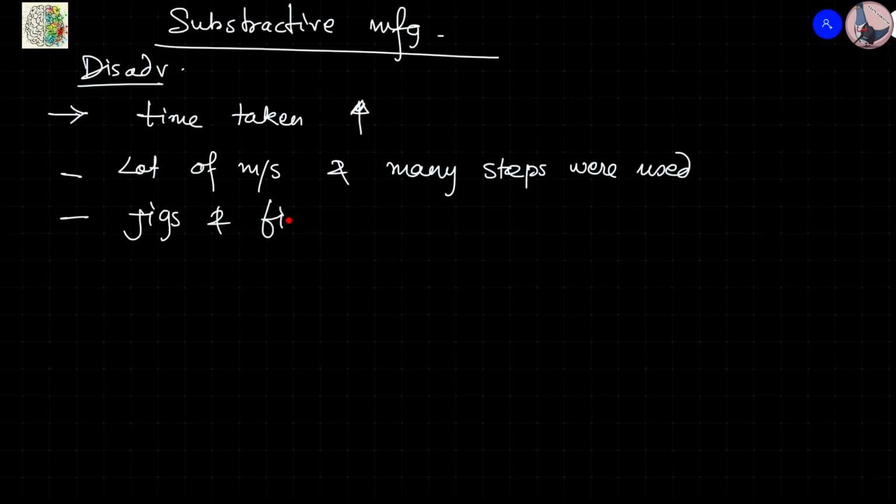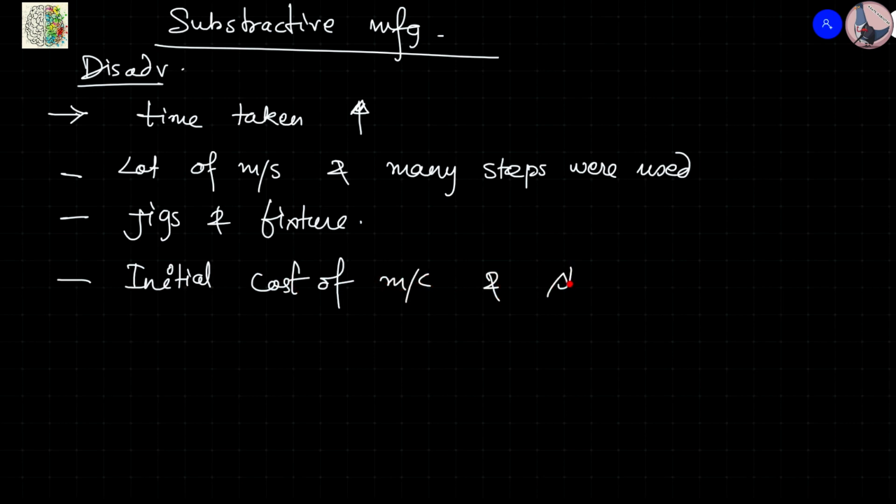If any new product is to be manufactured, for example you are making a wheel and then a screw, the fixture or jig you use in both cases has to be very different. So when the variety of jigs and fixtures was too high, the initial cost of machine and setup was very high.